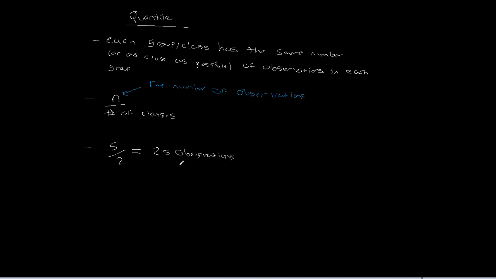Well, obviously, it doesn't make sense to have half an observation. You can't split an observation in half. So what most of the time you would do is try to balance that out by having one class of 2 and one class of 3. So C1 would have 2 observations, C2 would have 3, because you can't have half an observation. So that's one instance where this as close as possible comes into play.